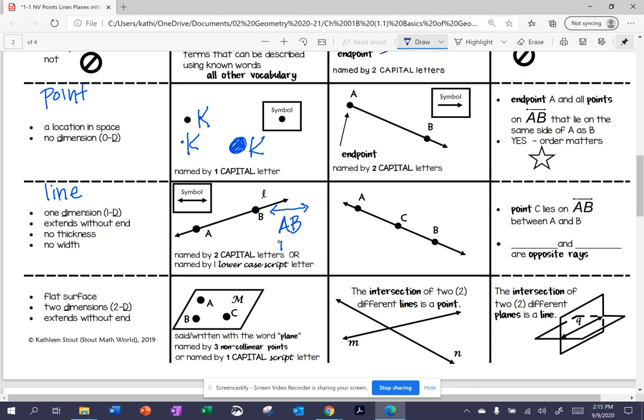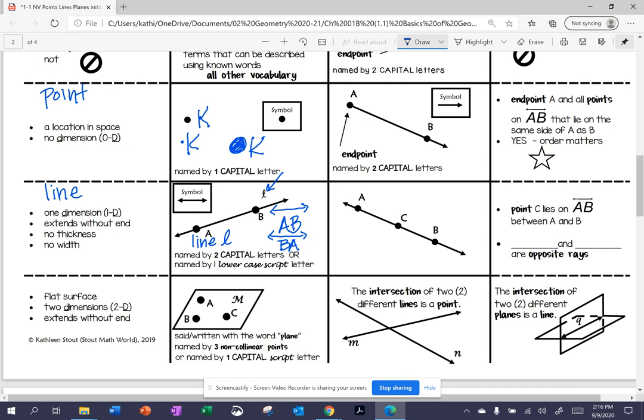The order of the letters does not matter, so I can say line AB or line BA, or I can name it with a lowercase script letter and say line L, and I usually put the L by one of the ends. So a line is one dimension, so it keeps continuing without end, so that's what the arrows are for. It has no thickness and no width.